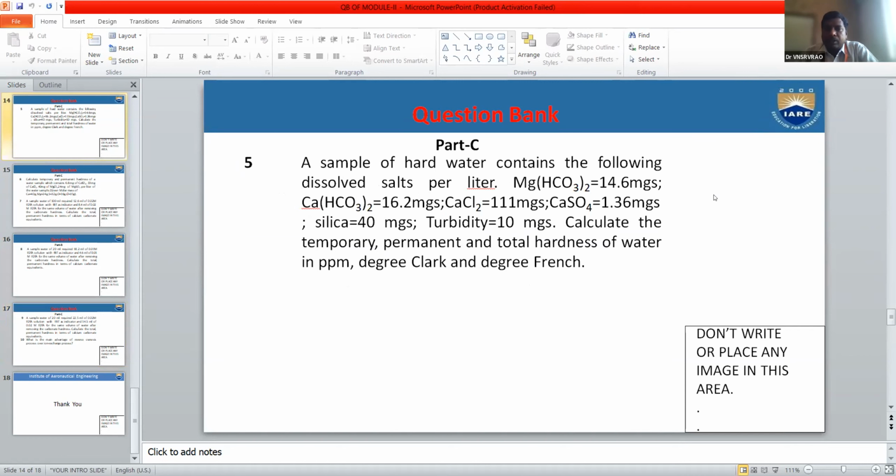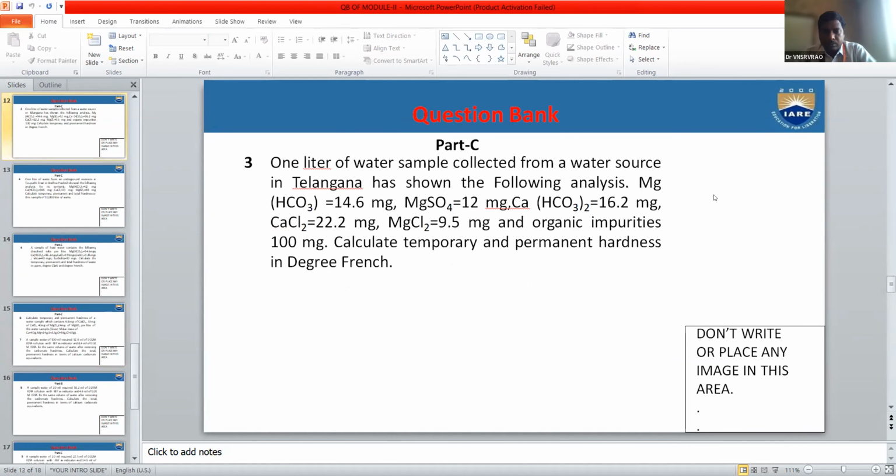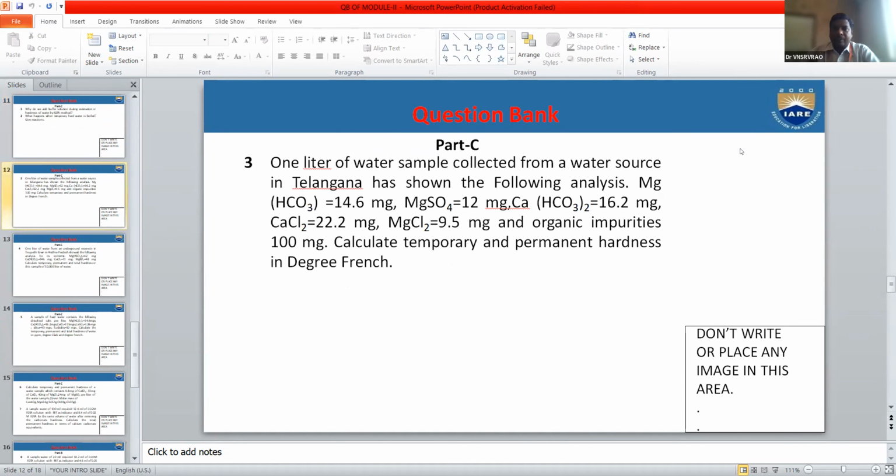Okay, so the first one, the third problem. 1 liter of the water sample collected from a water source in Telangana has shown the following analysis. Magnesium bicarbonate is 14.6 milligrams, magnesium sulfate is 12 milligrams, calcium bicarbonate is 16.2 milligrams, calcium chloride is 22.2 milligrams, and magnesium chloride is 9.5 milligrams, and organic impurities are 100 milligrams.